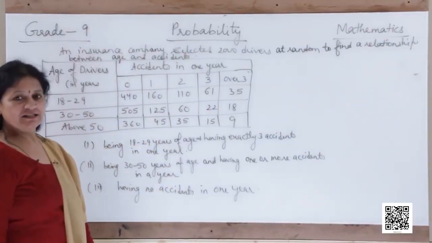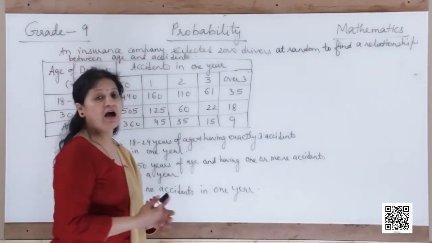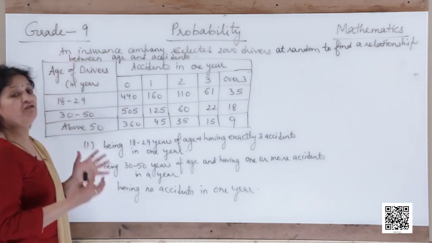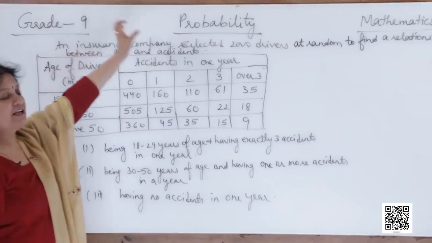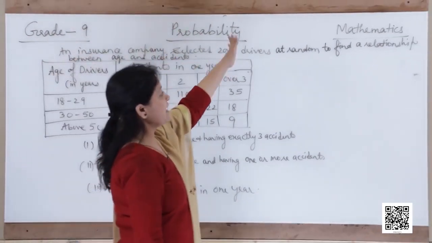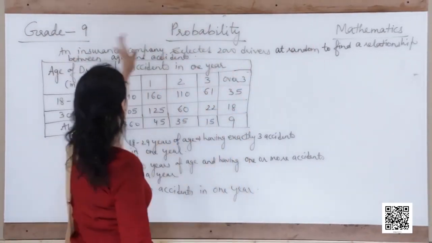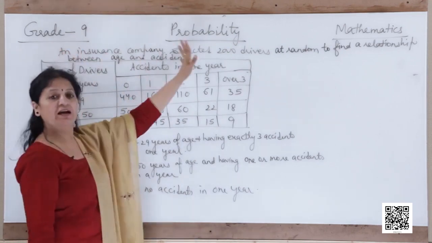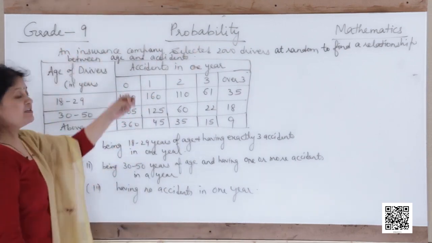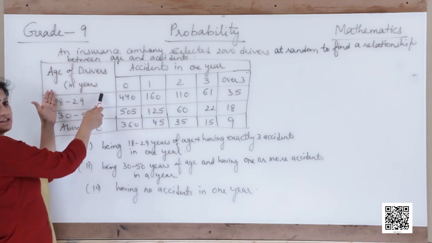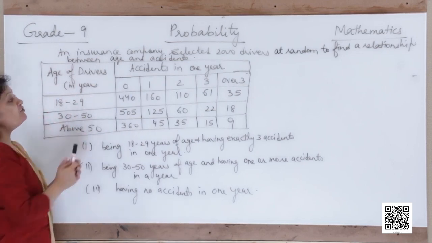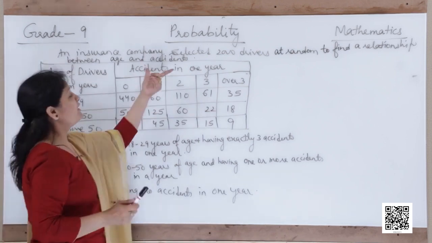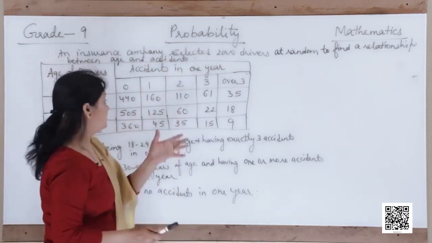Now let's take an example where again you have to read the data very carefully. For example, an insurance company selected 2000 drivers at random to find a relationship between age and accidents. Like in this table it is given age of the drivers 18 to 29 years, 30 to 50 years and above 50 years, and how many accidents in 1 year they have done.